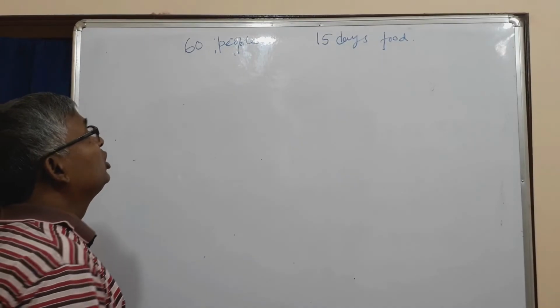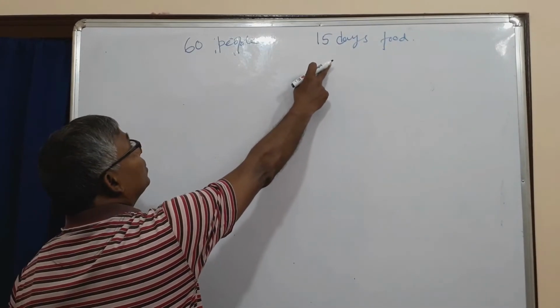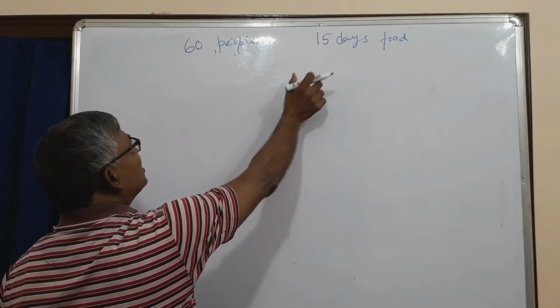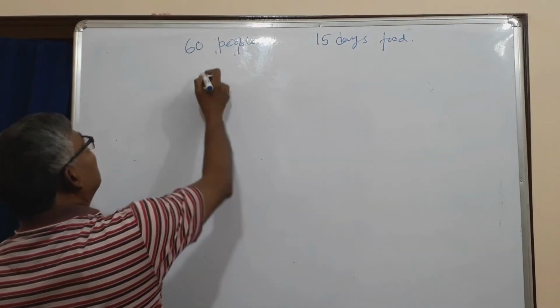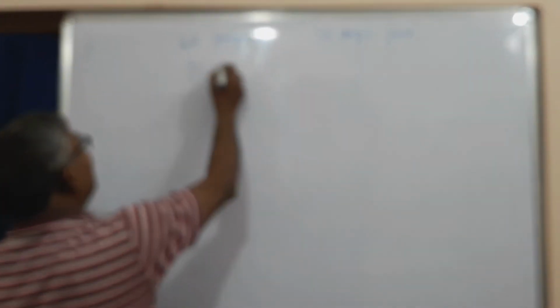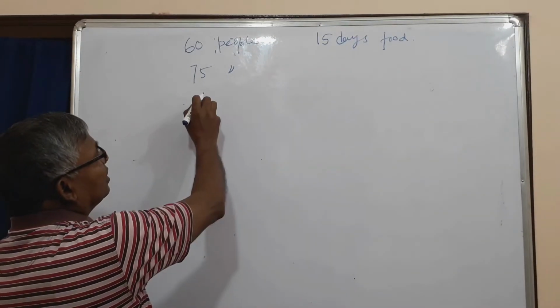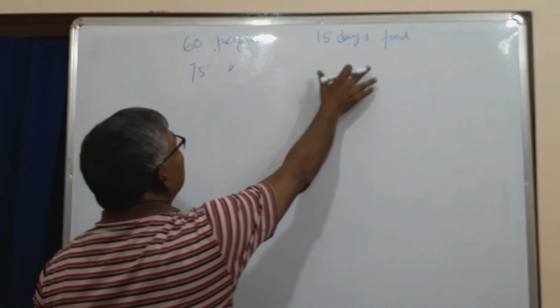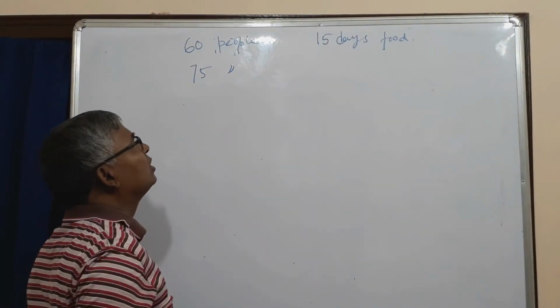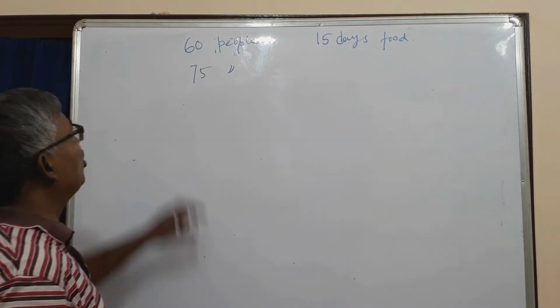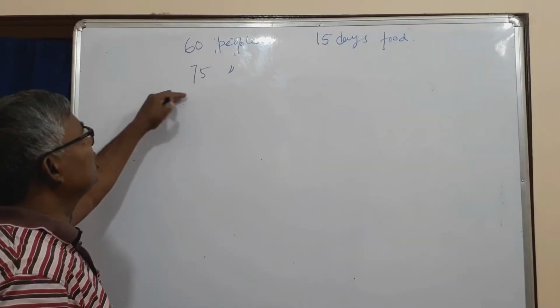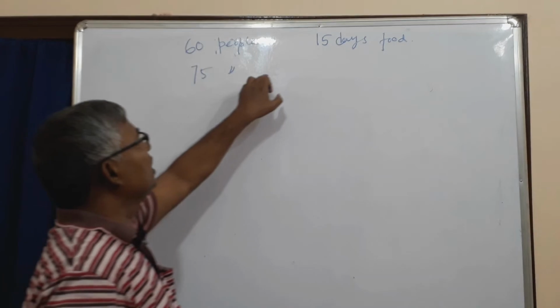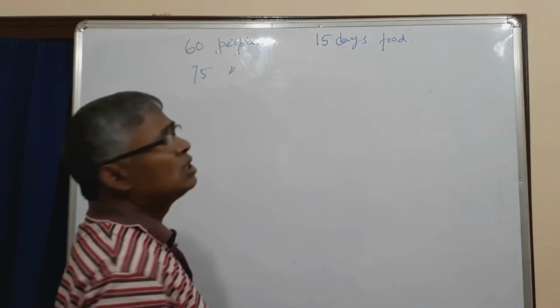With the same food, 75 people were present. With the same food, how many days will it last for 75 people? Suppose 15 more people are added, that is 75.